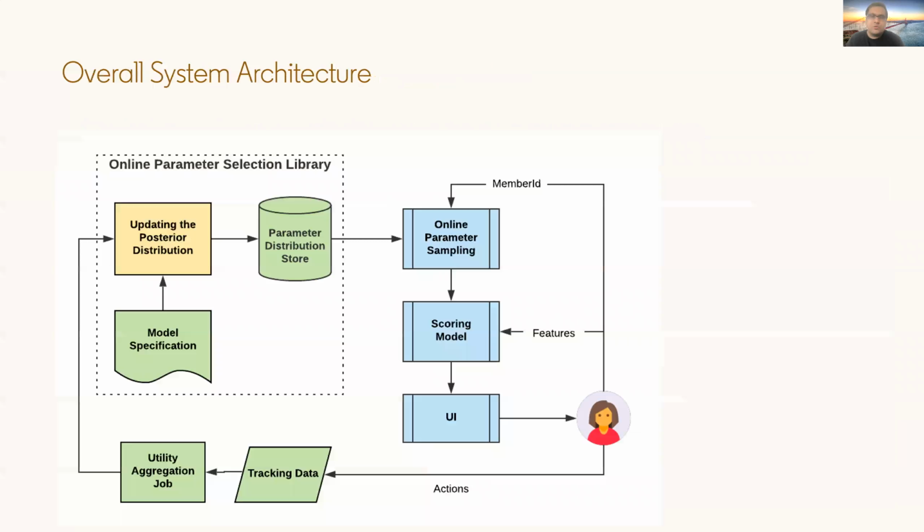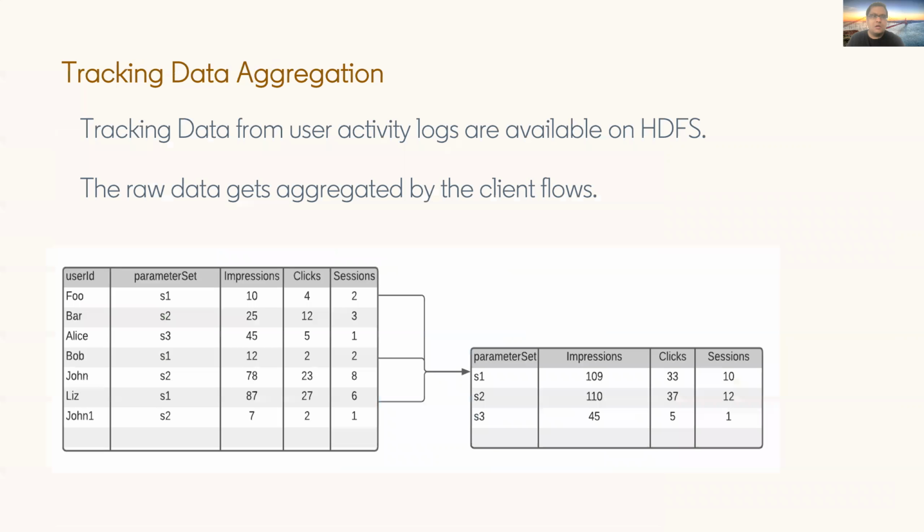We're just looking at the architecture again, and next we are going to look at how we aggregate the data. If you look at how the aggregation is performed, the left hand side table is raw data of user engagement, and here you see there is a user ID, there is a parameter set which is a configuration, and there are raw metrics, for example how many impressions, how many clicks, and how many sessions. As you can see, this table on the left hand side is maybe for a given day, and it is aggregated by user ID.